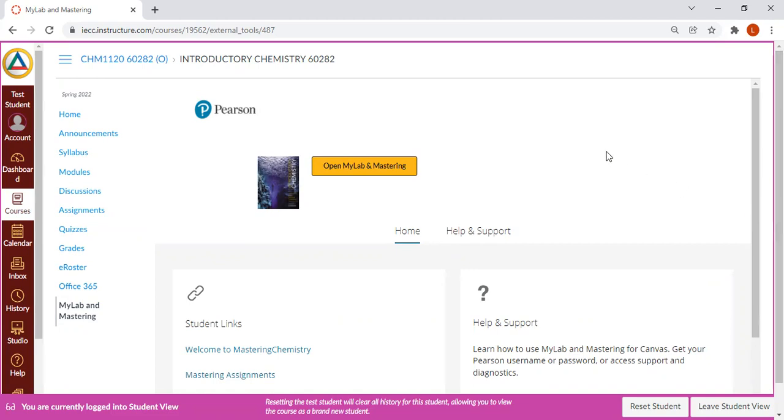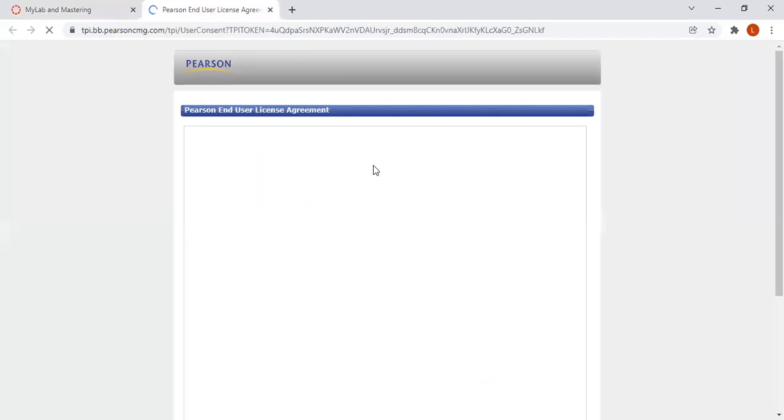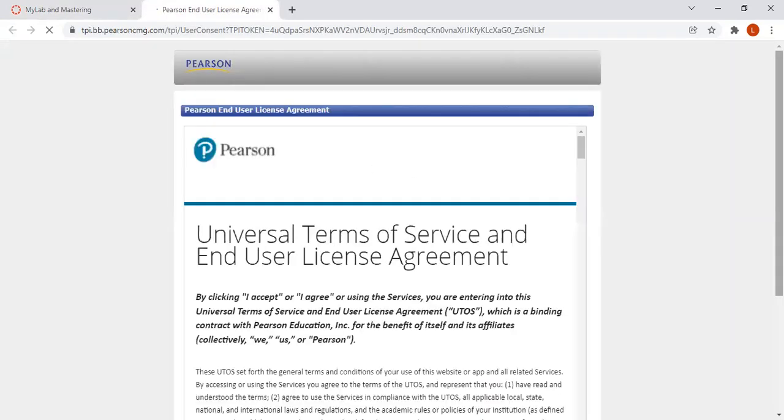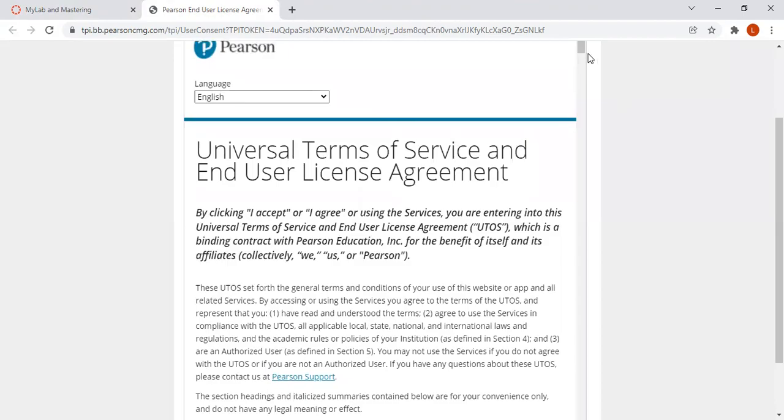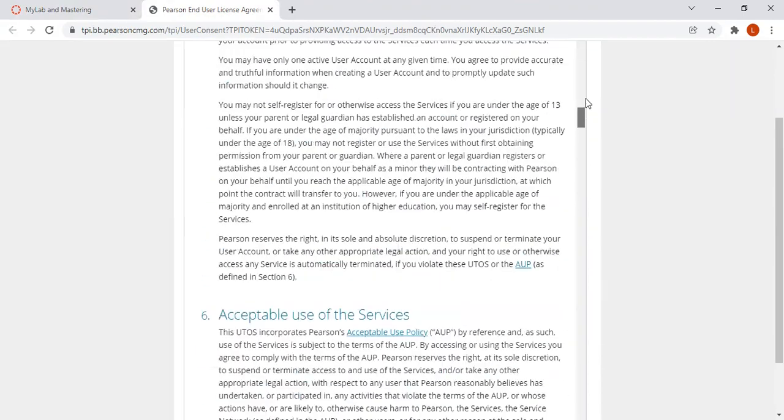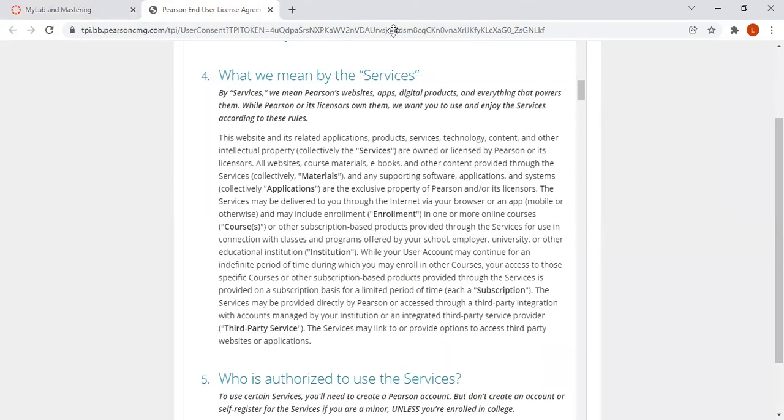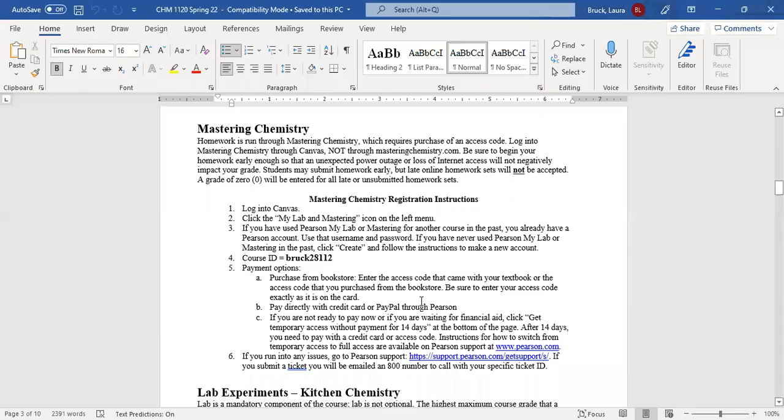So you open My Lab and Mastering. It will prompt you through the process of clicking all the buttons to agree to the terms. Now, if you're waiting on financial aid and you need temporary access to Mastering Chemistry, this will give you 2-week access to Mastering for free, right here in the syllabus.